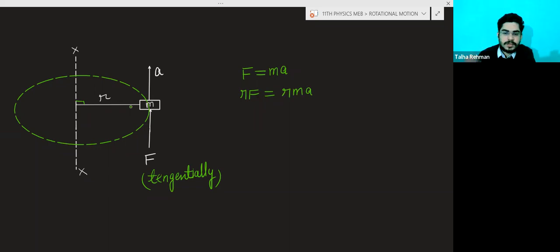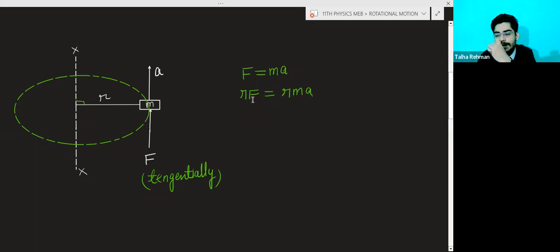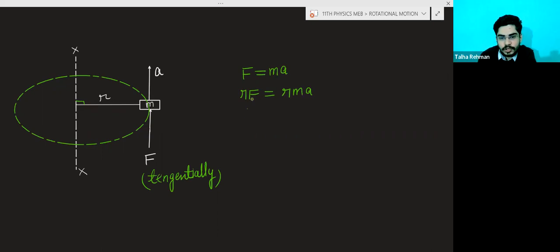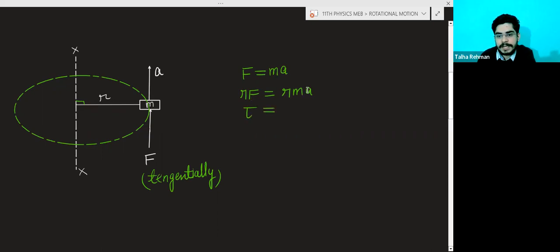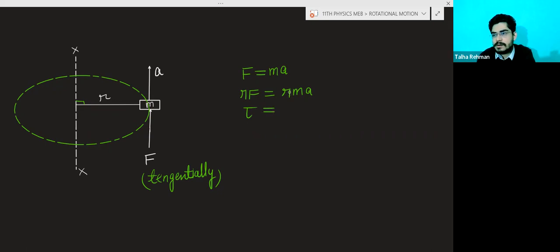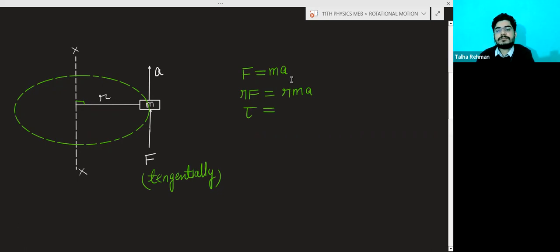Now what will be r into F? R into F will be torque.